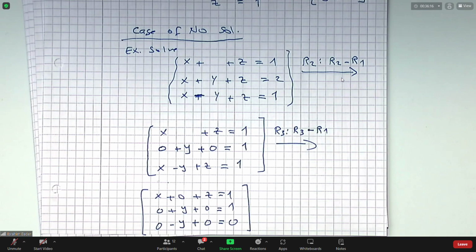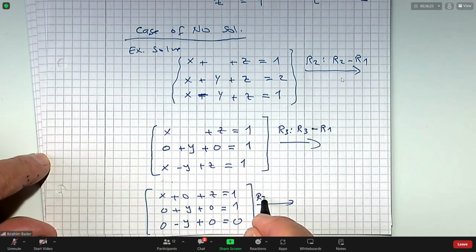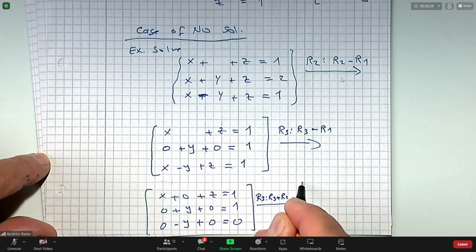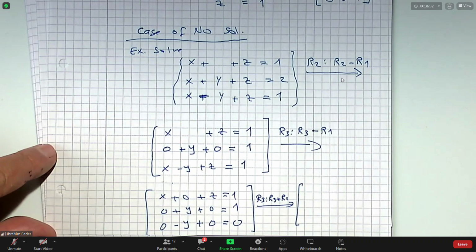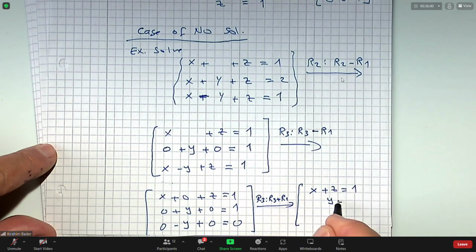Now, if we add R3 and R2, you see here we have y and negative y. So R3 plus R2, we just do it on this page. You have here x plus z equals 1, y equals 1.